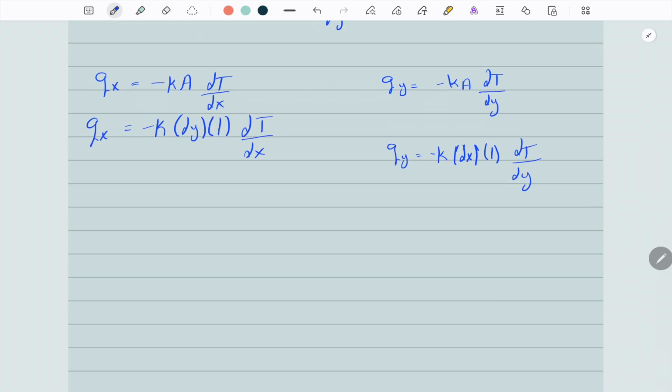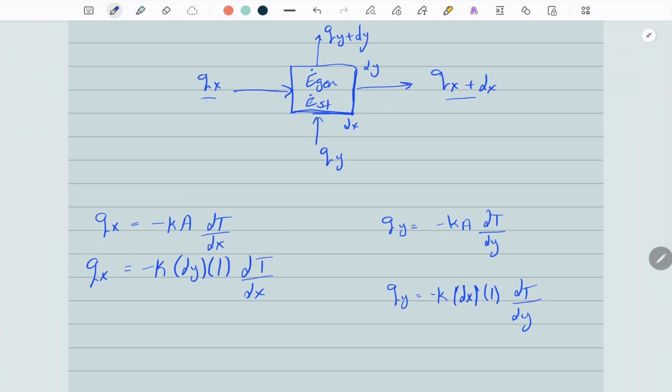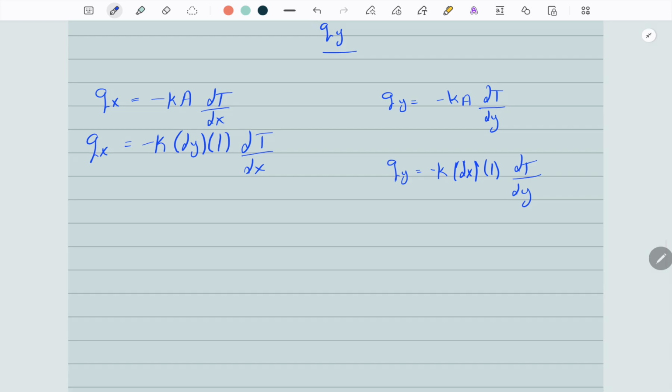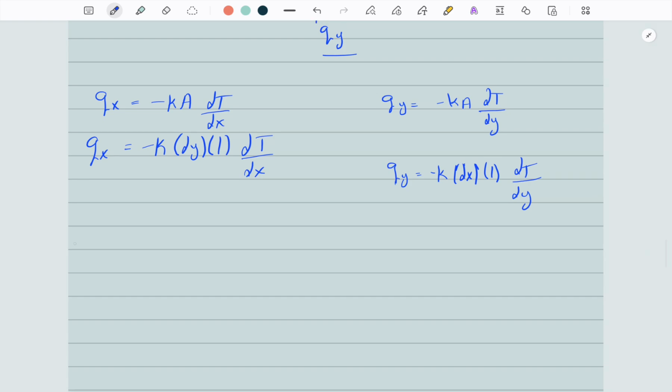Now these are both our inlets to the differential element. Our outlets are qx plus dx, which is basically qx plus the differential of qx in terms of x.